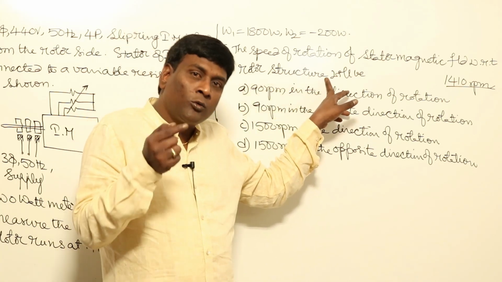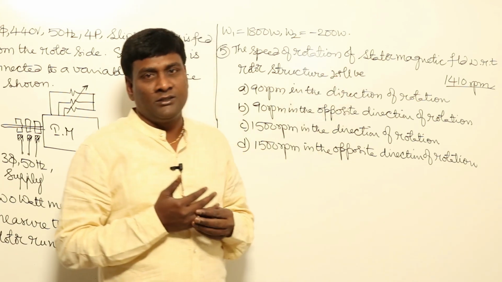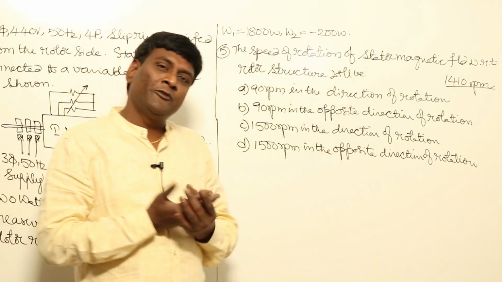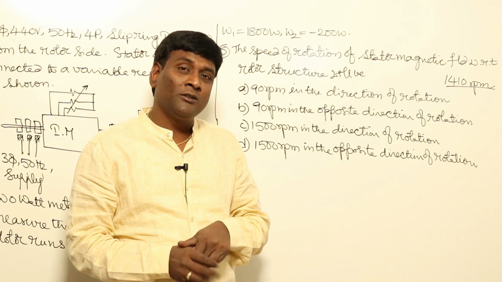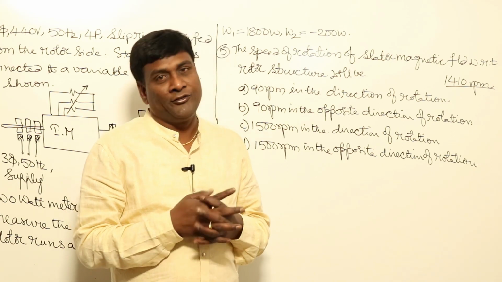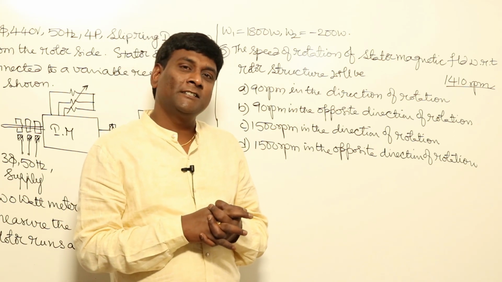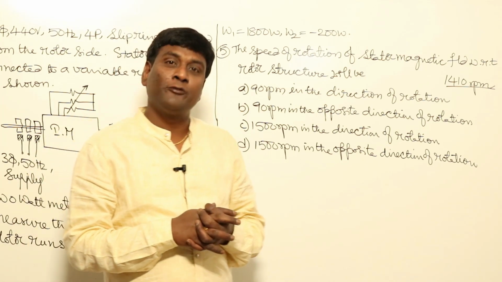So let us think of the rotor magnetic field with respect to the rotor structure. How much will be the frequency of the rotor? Is it SF or F? It will be F only.